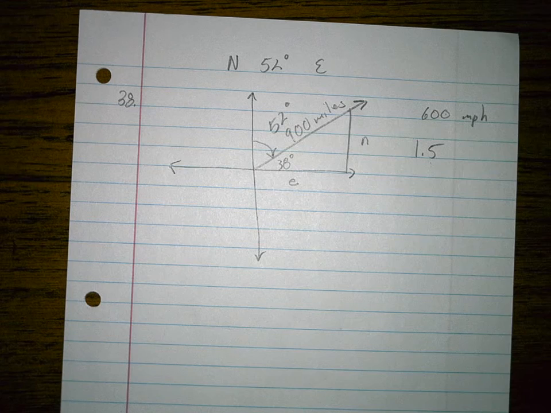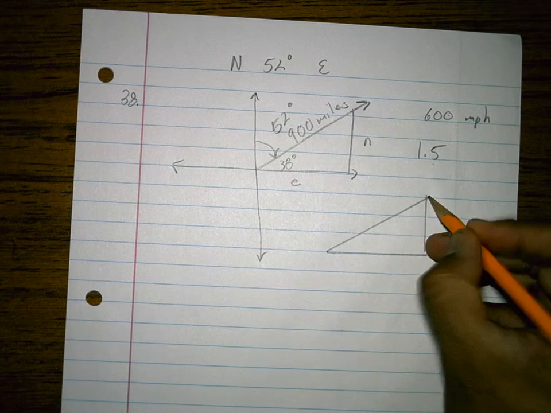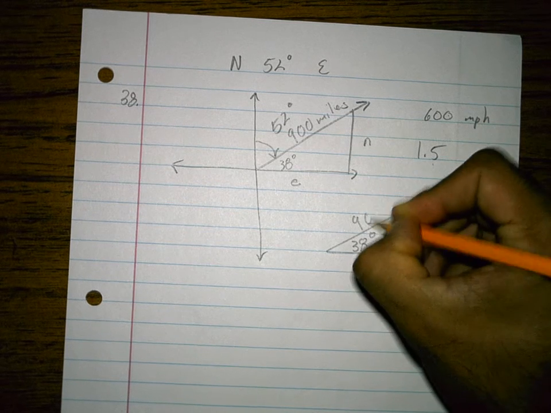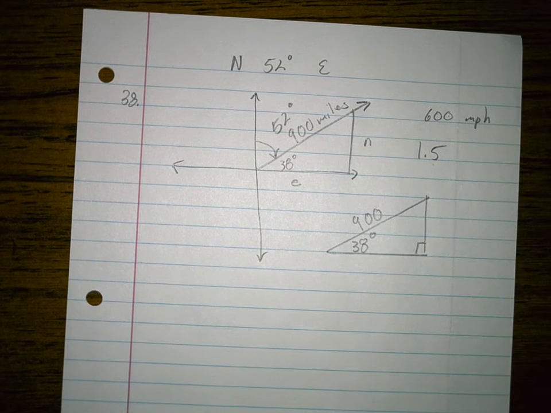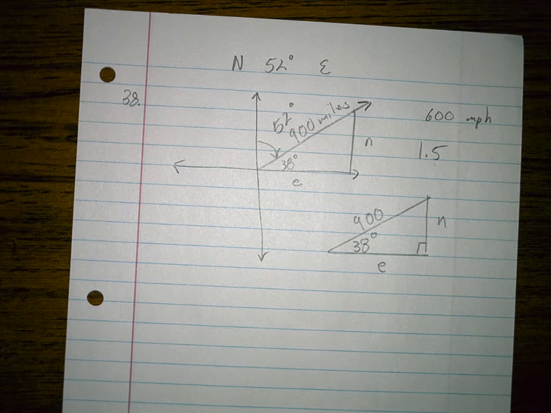miles right there. Just to clean it up, I have a triangle here of 38 degrees. I have one side, which is the hypotenuse of 900, and I got to find these other two sides. I can do it a couple of different ways. I'll go ahead and use sine and cosine.